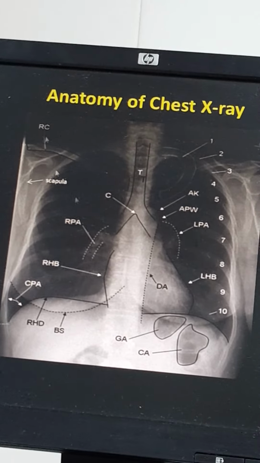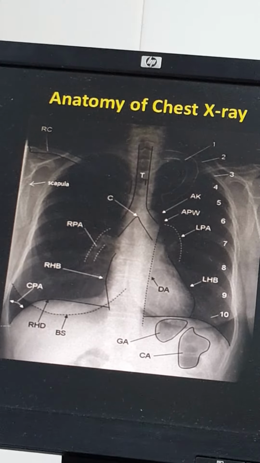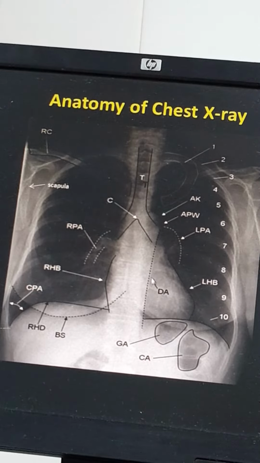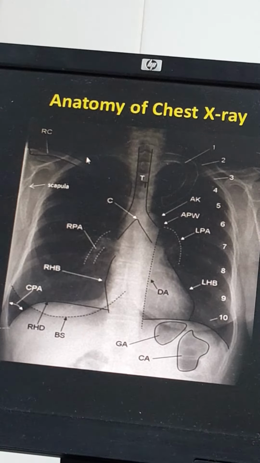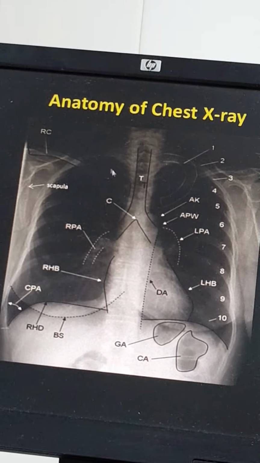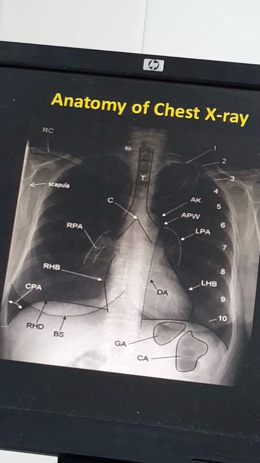If you want to count the ribs on a good inspiratory film, when the patient is standing for a PA view, we should be able to count 9 posterior ribs and 6 anterior ribs. How do we count the ribs? The first rib is at the first thoracic vertebra.